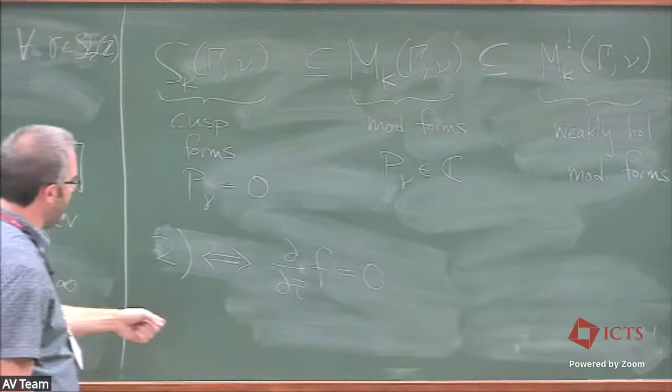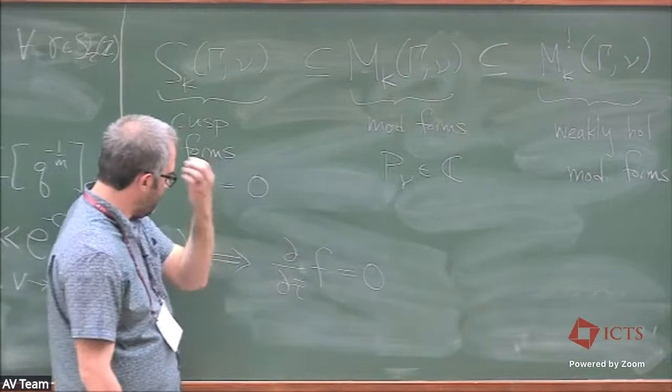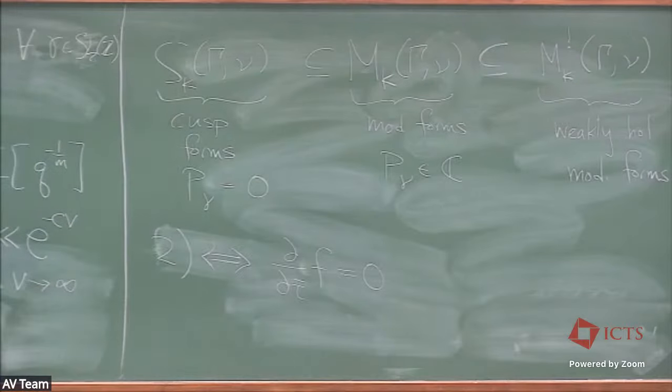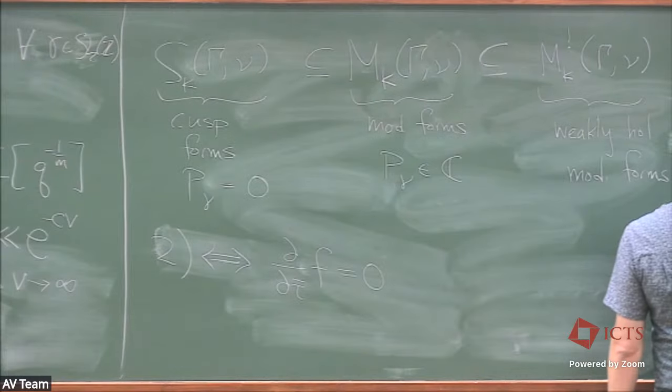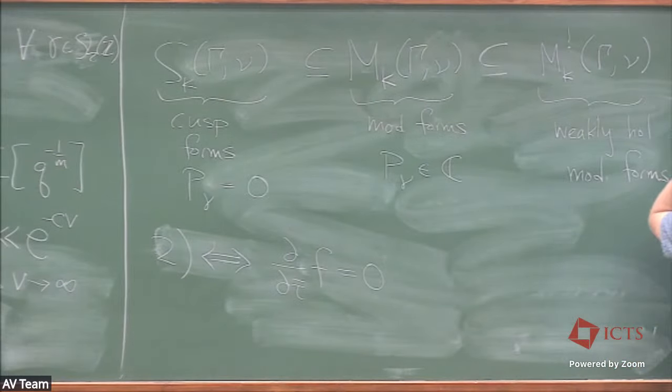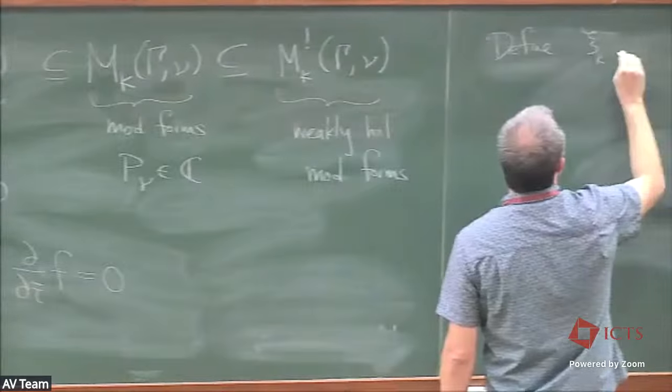Now the derivative doesn't play really nicely with the action of SL2Z, as we saw before. And so what I'm going to do is modify this slightly. So let's define an operator, which is called xi sub k.